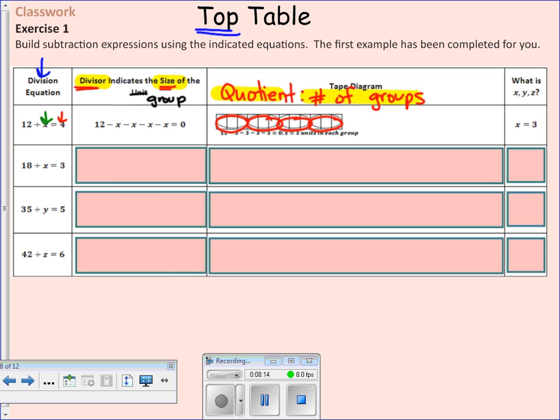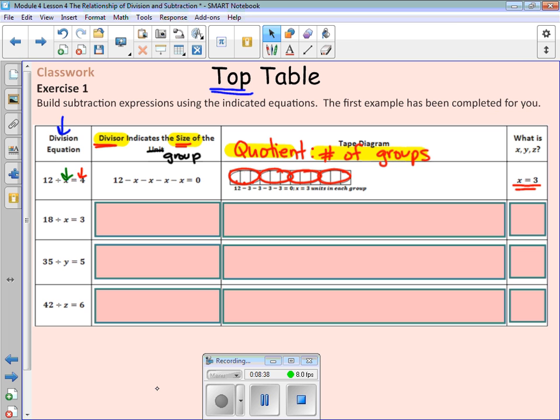So now that I know I have 4 groups, because they've told me that, how many are in each group? 3. So now I know that my x equals 3. And if you notice carefully, they wrote a number sentence here. It was 12.